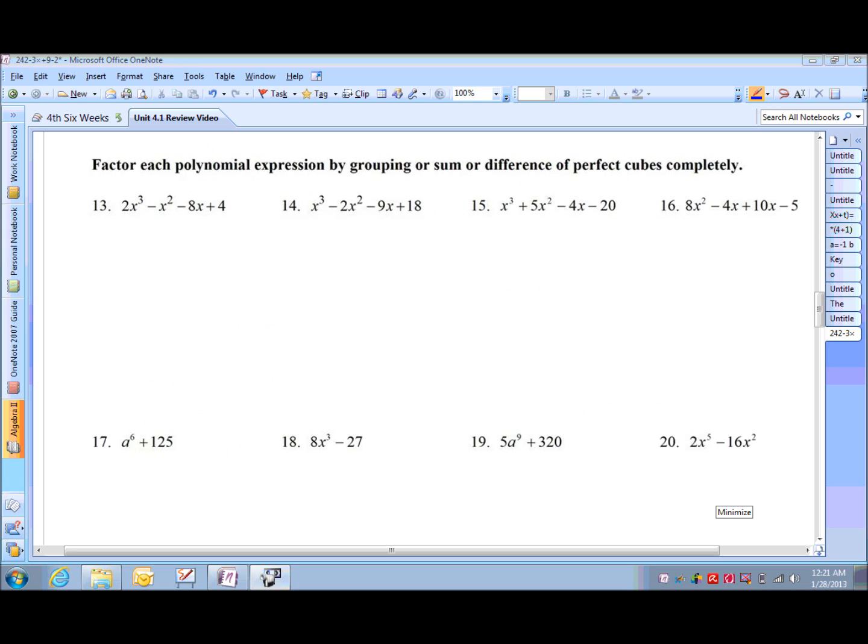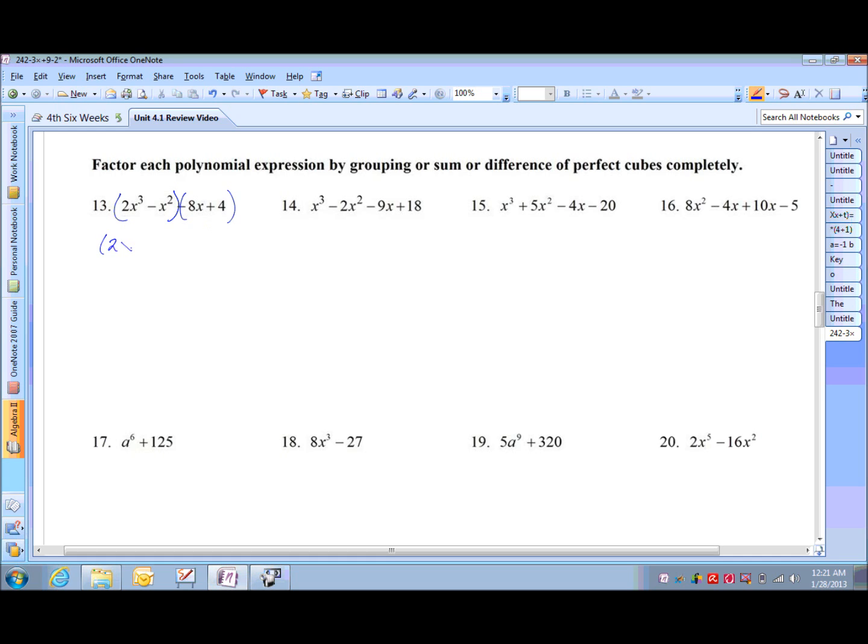Okay, the next set of directions says factor each polynomial expression by grouping or sum or difference of perfect cubes completely. Okay, well, on problem 13, we're going to factor by grouping. What you're going to do is put the first 2 terms and the second 2 terms together and add them.